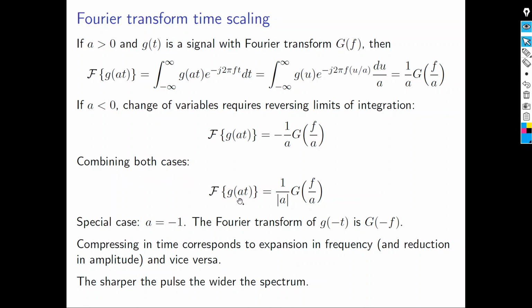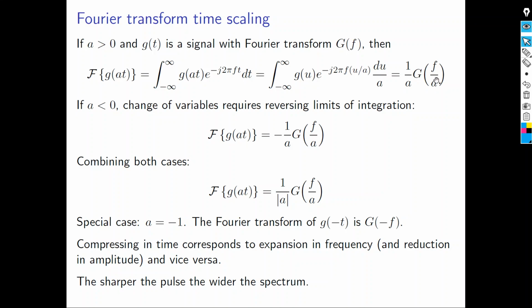Combining both cases, the Fourier transform of g(αt) is equal to 1 over the magnitude of alpha times G(f/α). So now we understand that if alpha is greater than 0 or less than 0, there is a difference in the minus. But what if alpha is between 0 and 1? If it is half, for example, what happens to the frequency? It becomes like 2f. So instead of reducing the frequency, you are making the frequencies larger.